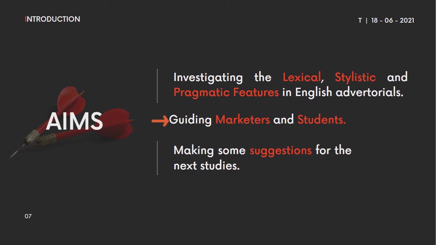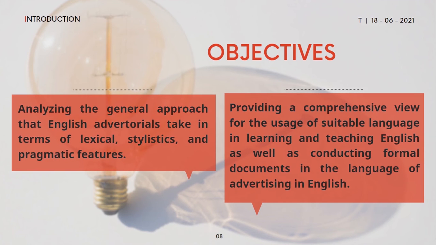Secondly, it makes some suggestions for the next studies. To reach that aim, the study has analyzed the advertorial in terms of linguistic features. It also tried to provide a comprehensive view of the English language of advertising.